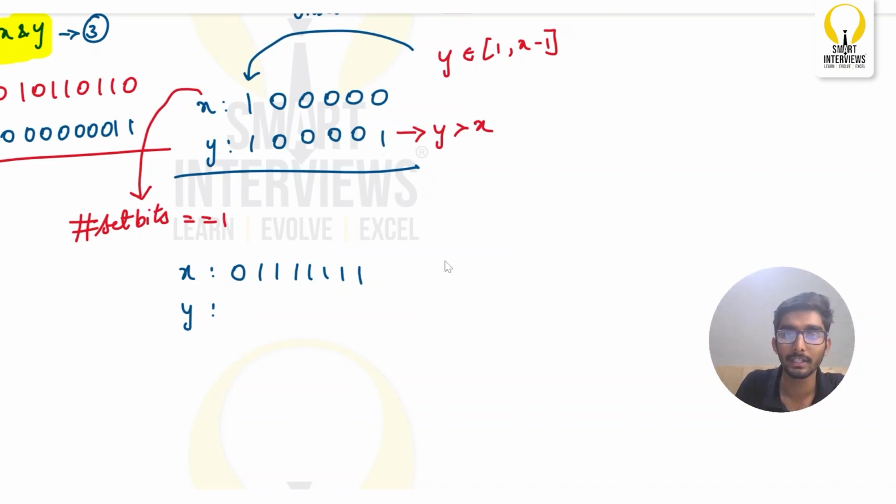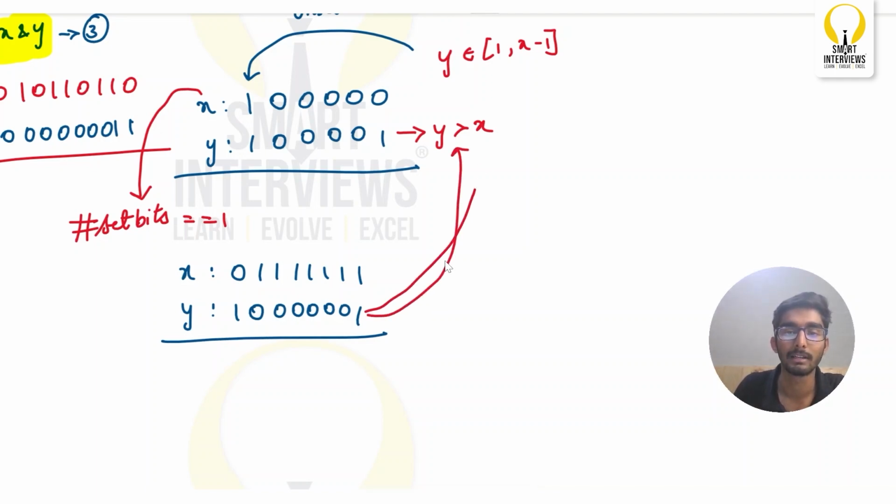I need to find a set bit and make it set. So I made this set. I need to find an unset bit and make it set. I will find the unset bit which is here. I need to make it set and all the remaining zeros. Is this a valid combination? Same thing, right? Y is greater than x, but y has to be within this range.